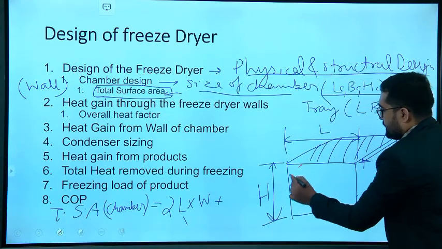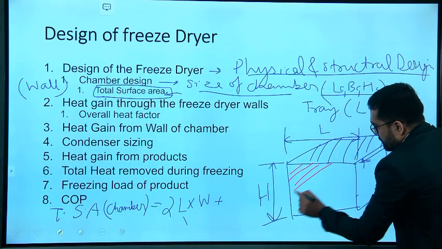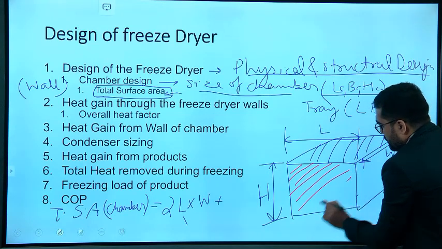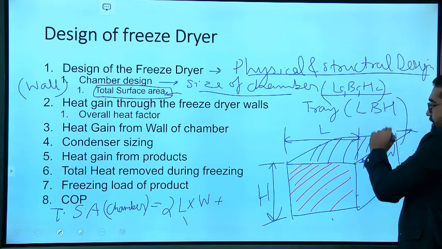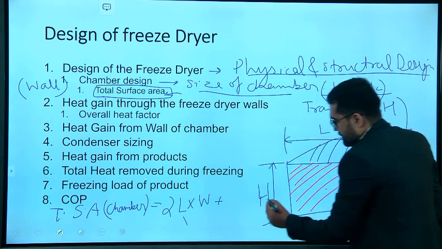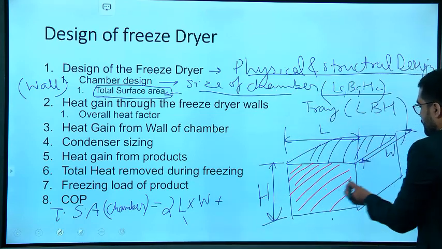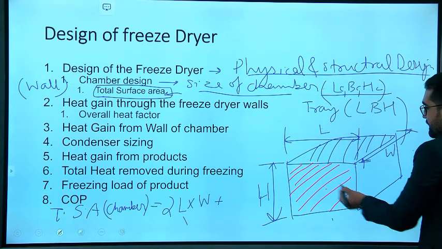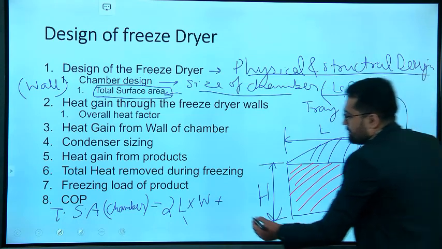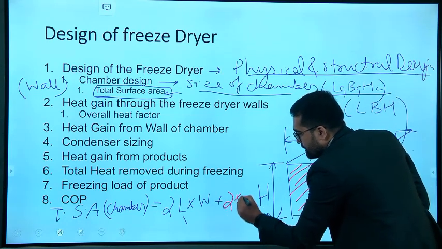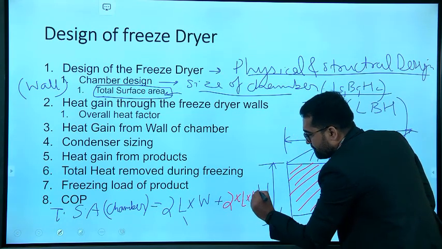We need to calculate this surface area also, and this also has 2 faces, one here, one here. So, plus, this part is height and this part is the length, so this is twice into length into height.